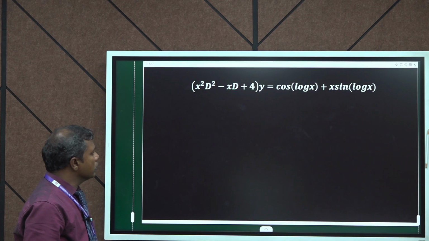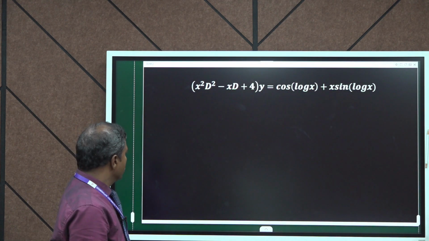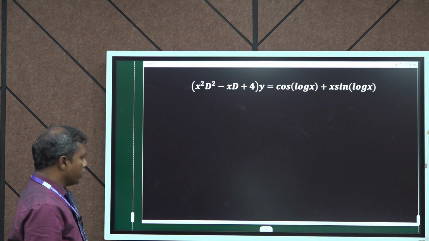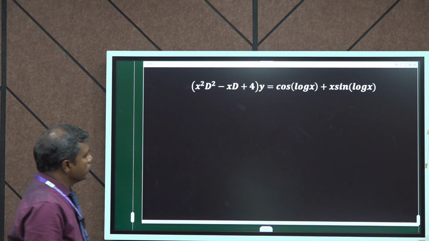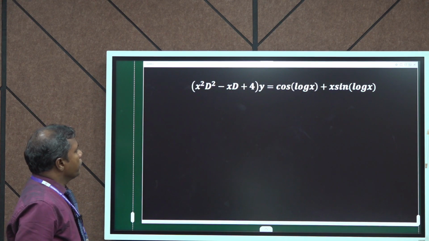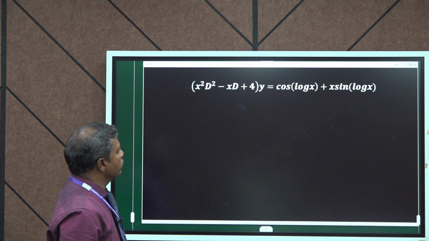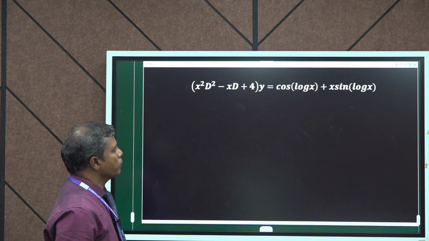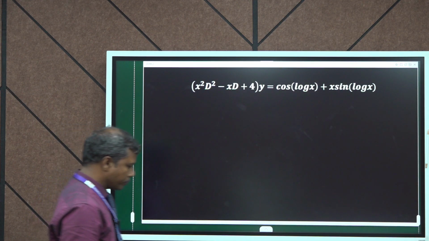So now let us solve this problem. (x square D square minus x D plus 4) y is equal to cos of log x plus x sin of log x.